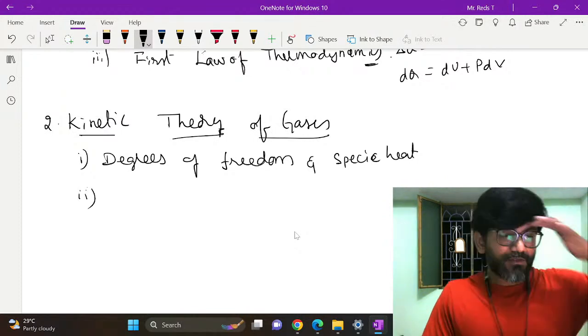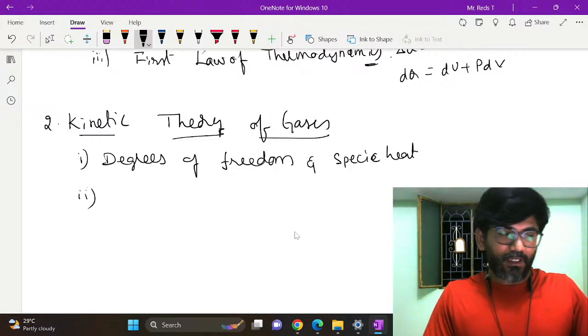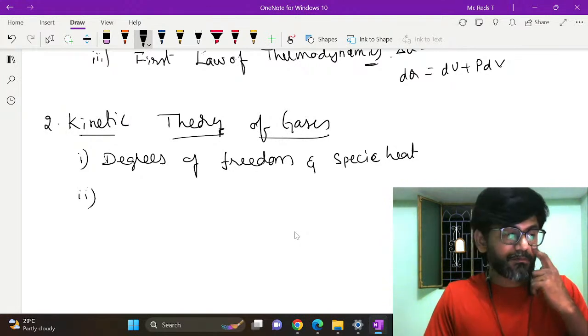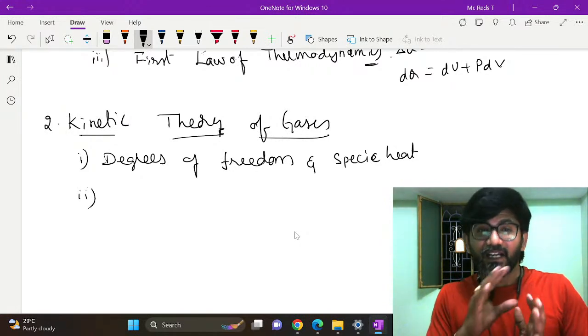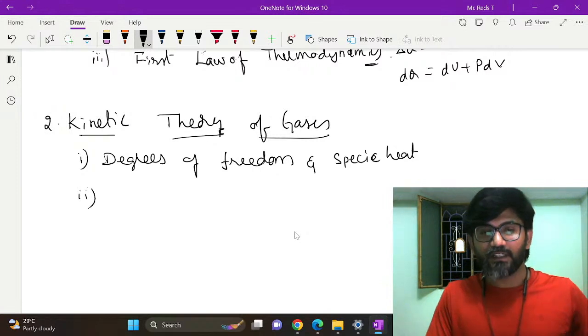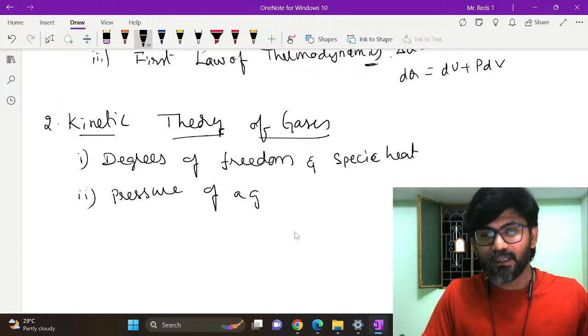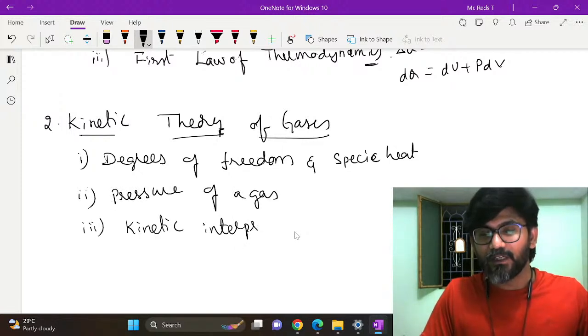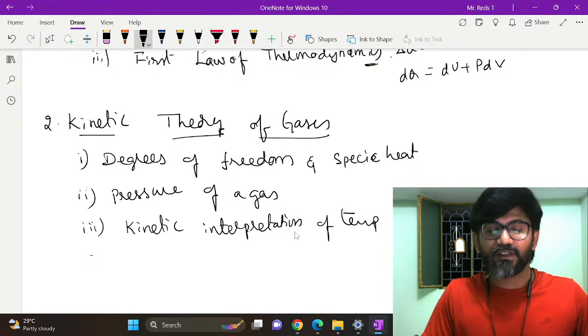This is one of the very important concepts here, and also pressure of a gas and kinetic interpretation of temperature based questions.